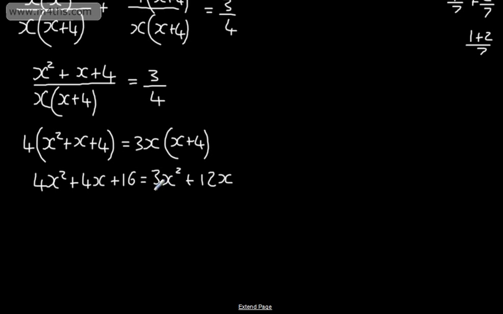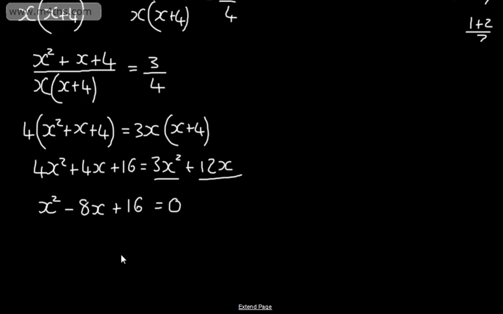So I'm going to subtract the 3x squared from both sides and the 12x from both sides. So 4x squared minus 3x squared is 1x squared. If I subtract now the 12x, that's going to leave me now minus, and then we're going to have the 4x minus the 12x, which is minus 8x. Then we're going to have now plus the 16, and that will be equal to 0.